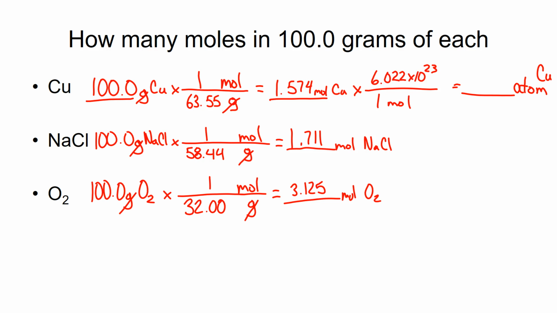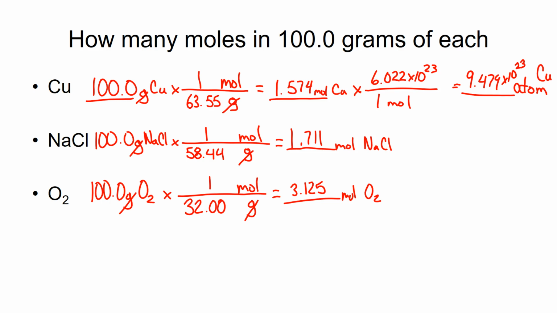Now, if I was given atoms and going the other way, then I would divide by Avogadro's number. So here, if I did it, I'd get 9.479 times 10 to the 23rd atoms of copper.